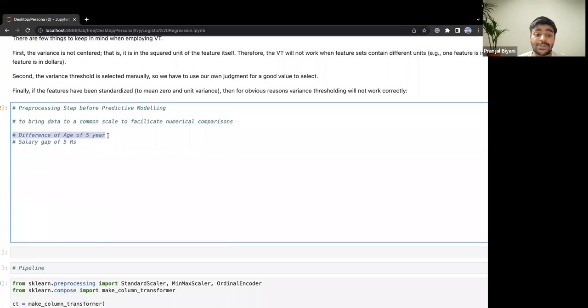A 5 year age gap is a huge age gap. A 5 rupee salary gap is not significant at all. Why can we humans understand this? Because we know the possible range of age, and we know the possible range of salary. Does everyone understand that? Yes or no?